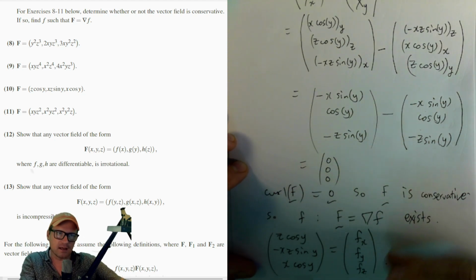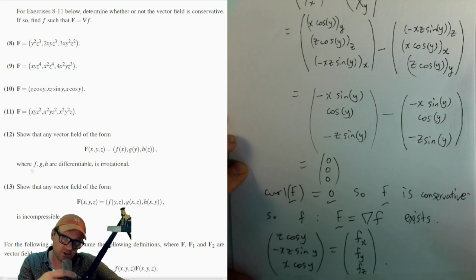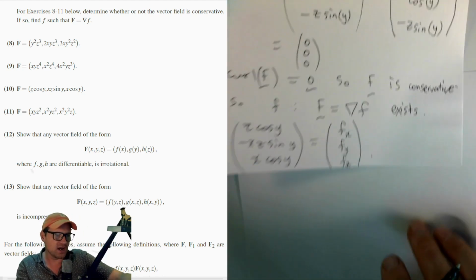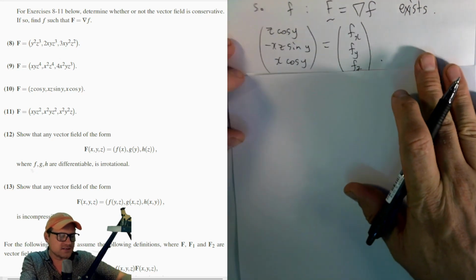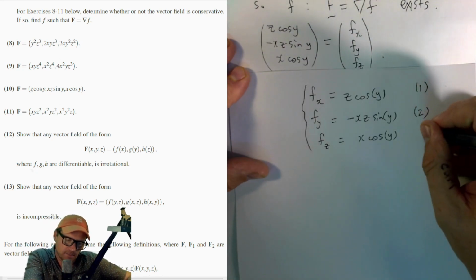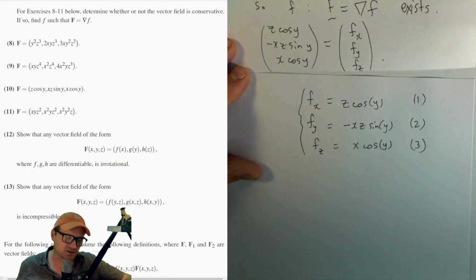So this is a single vector equation that gives rise to 3 scalar equations. And so now we can write those 3 equations and solve them as a simultaneous system. And so let's also label these 1, 2, and 3, as in equation 1, equation 2, equation 3.